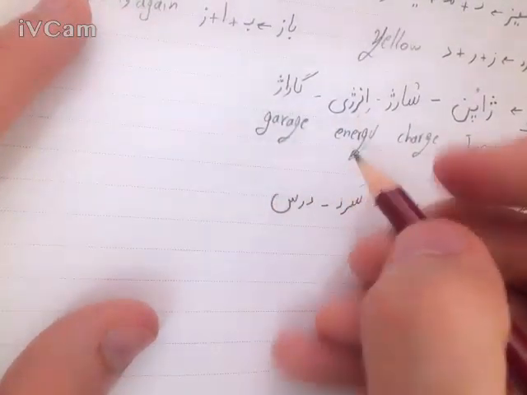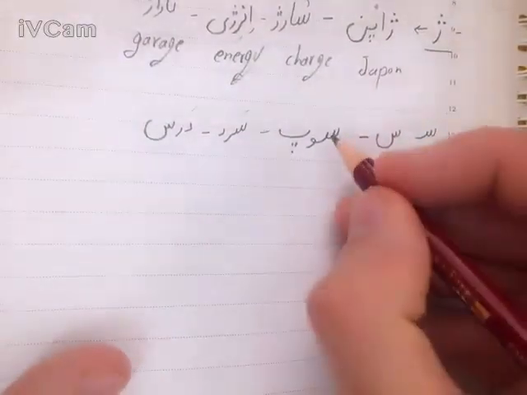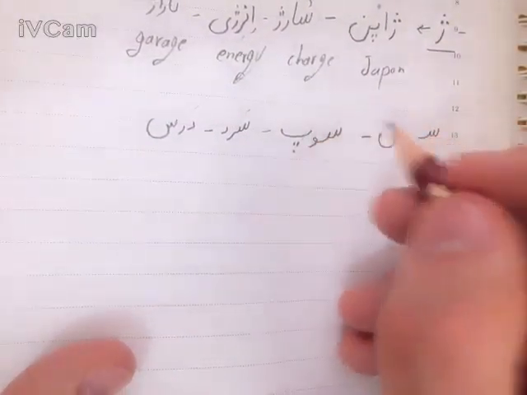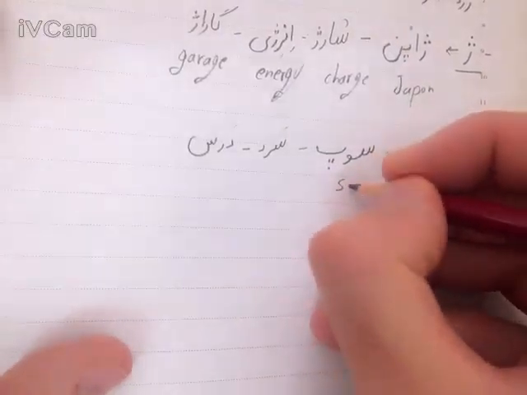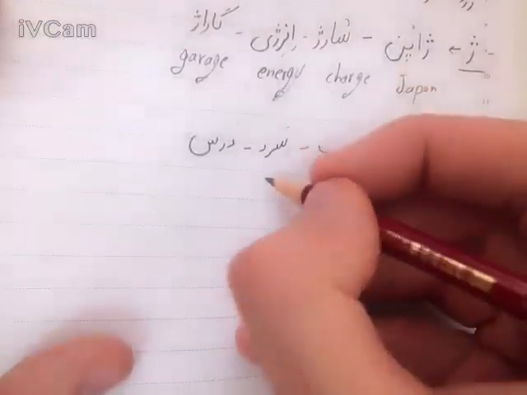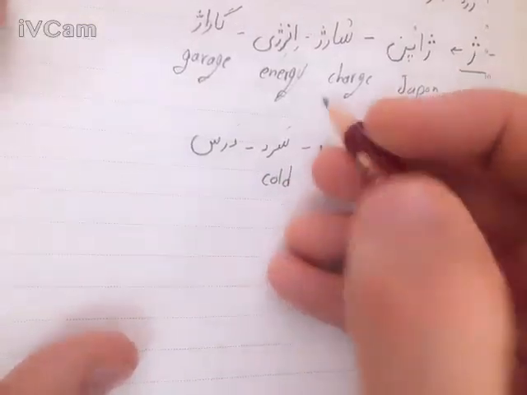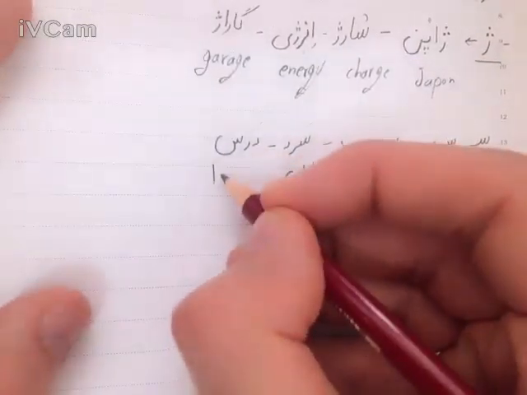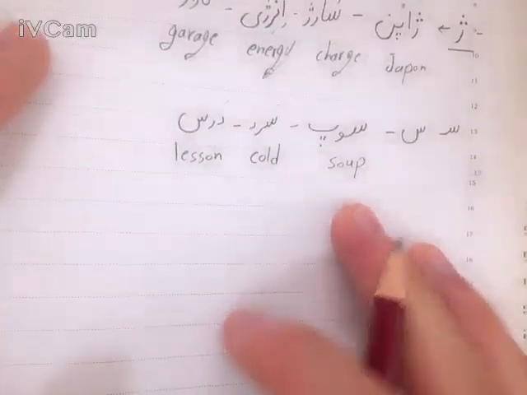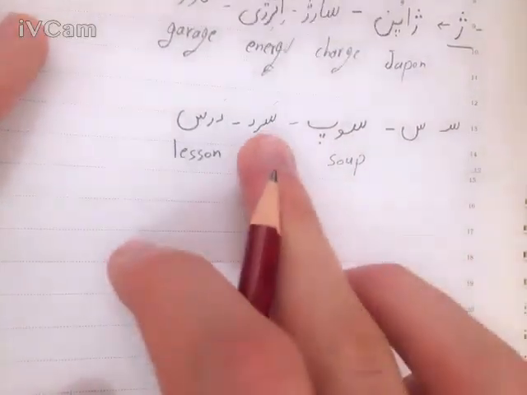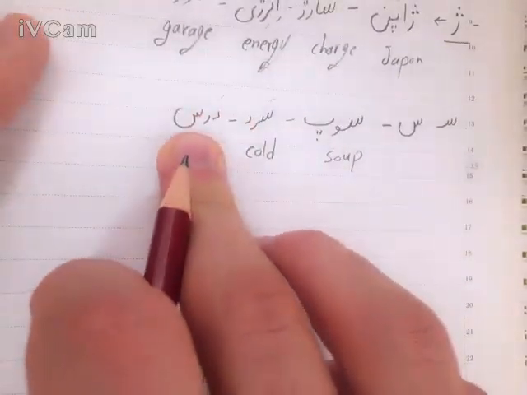Ders means lesson. So soup is S plus V plus P. So it's actually super easy. And sard, they're all easy, to be honest. So here we have soup and cold and a lesson. So soup, sard, ders.